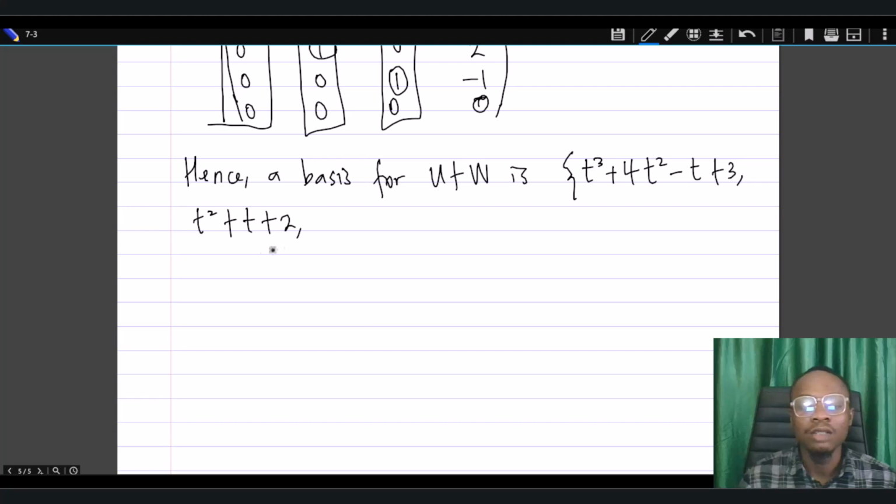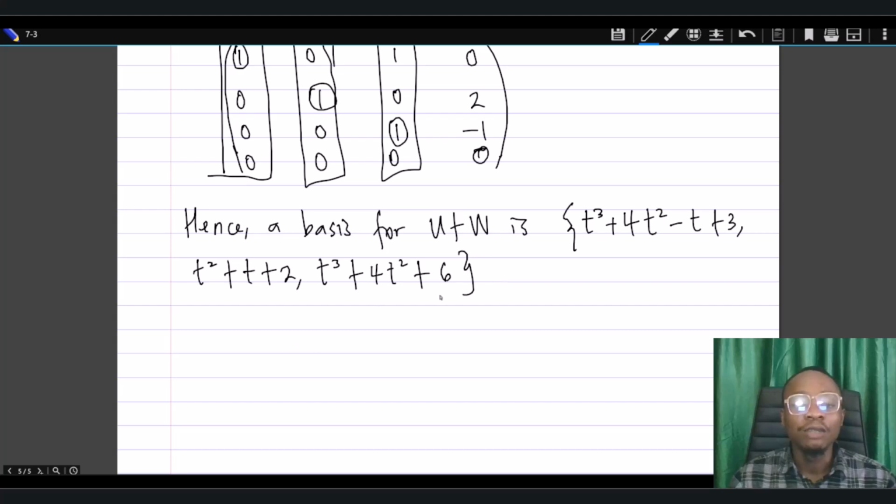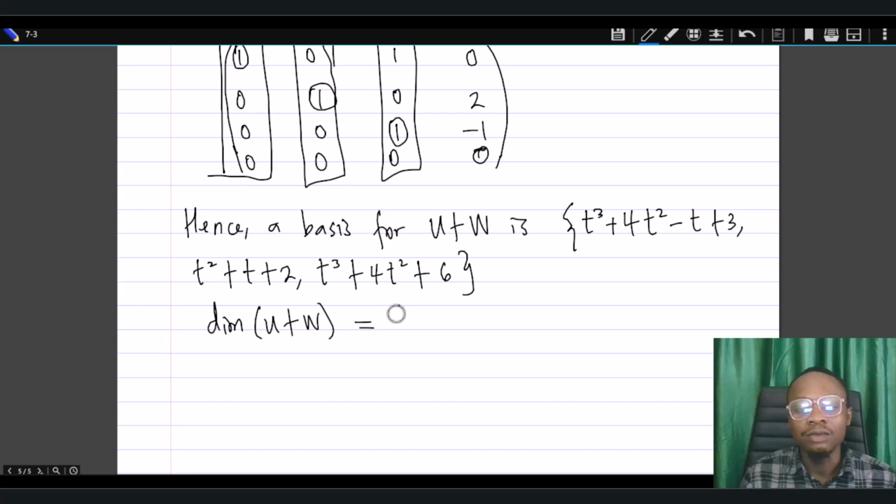So we write that out as well: t cubed plus 4t squared plus 6. We have now another basis for u plus w. This is acceptable, it is correct, just like what we obtained earlier is correct. And again, we confirm that the dimension of u plus w, which is the number of vectors in its basis, is equal to 3.